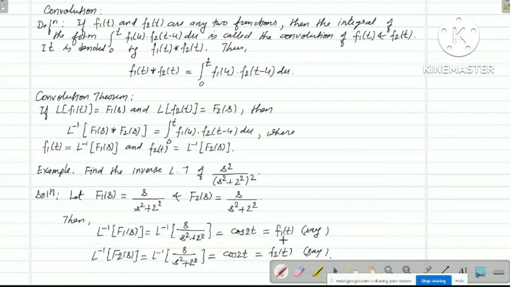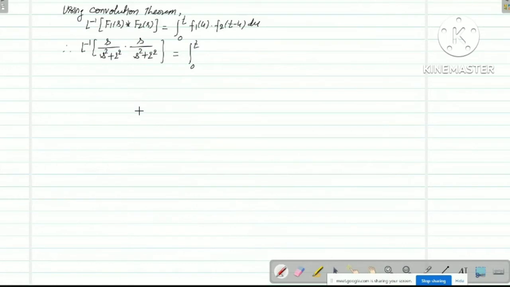Your f1 is this one, so instead of t we write u, so this becomes cos 2u, into f2(t minus u). So we are replacing t by t minus u in the function f2(t). So cos 2 is the same, with t replaced by t minus u, and du.